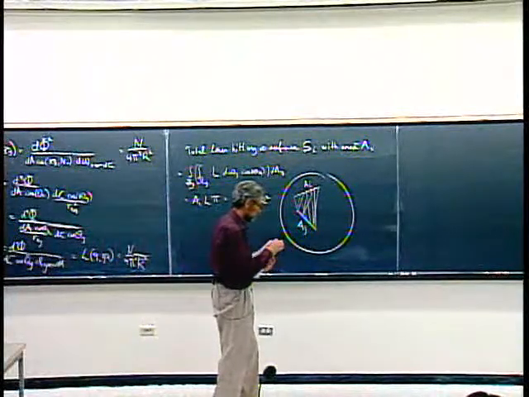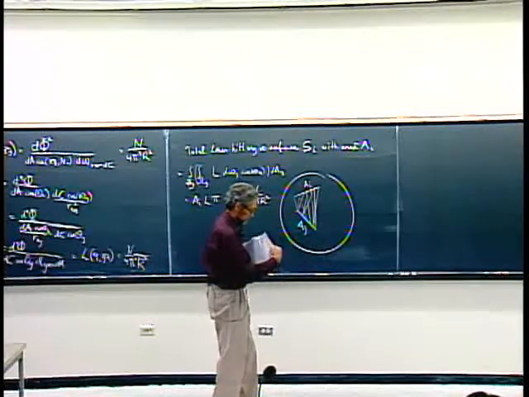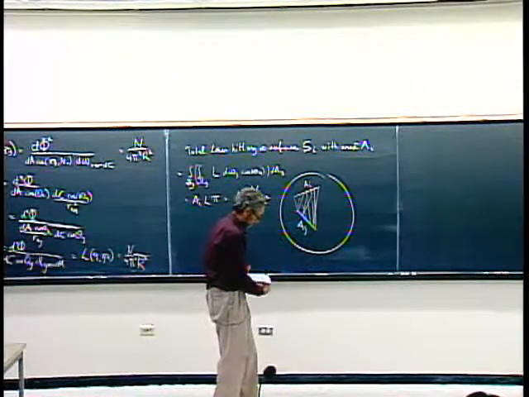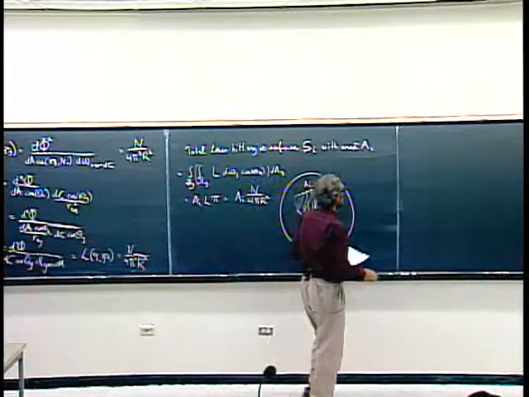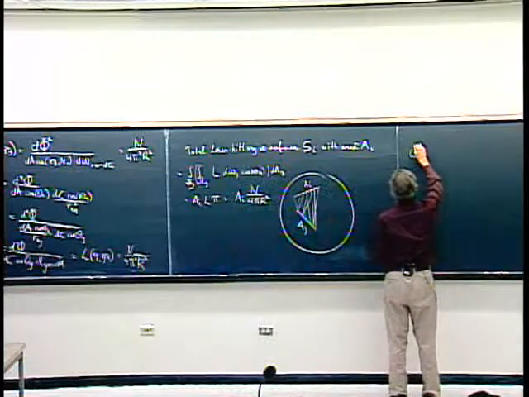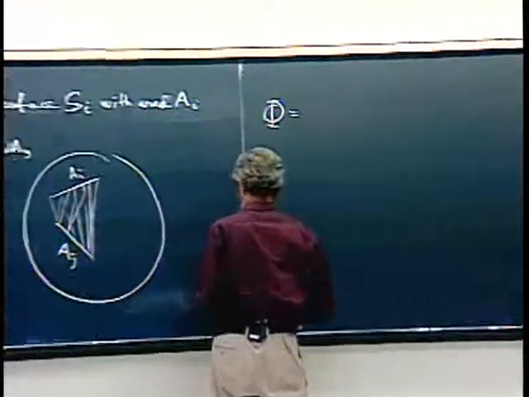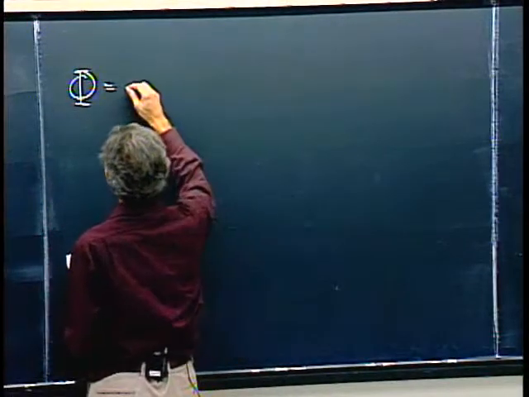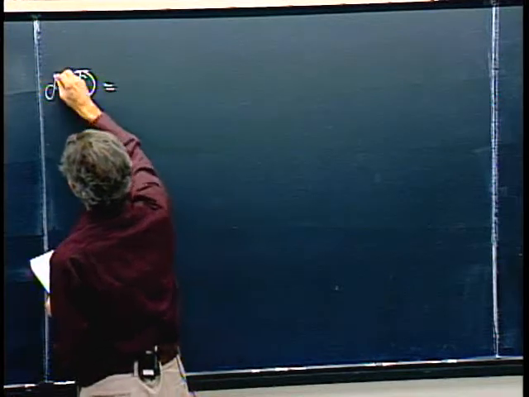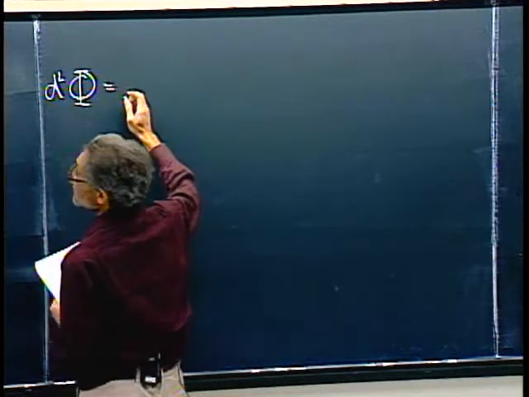Oops, there's 6. So this flux of lines, this is the expected number of lines between, say, d squared between dA_x and dA_y.